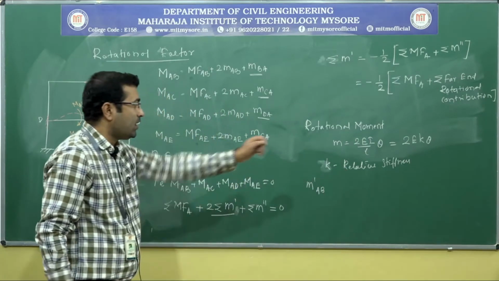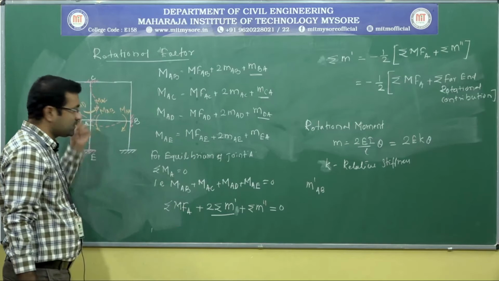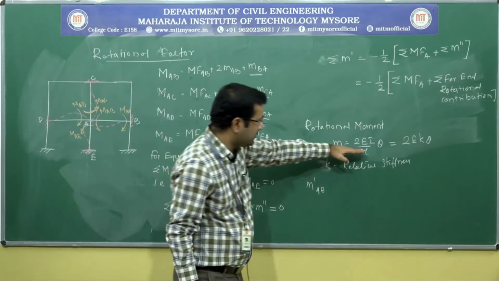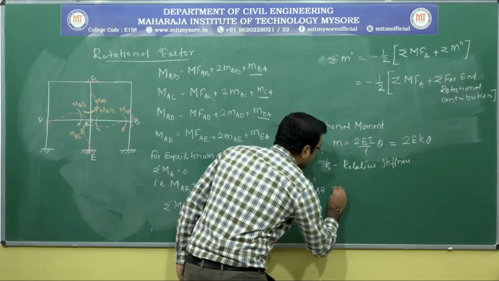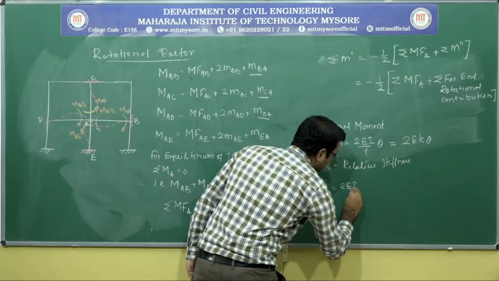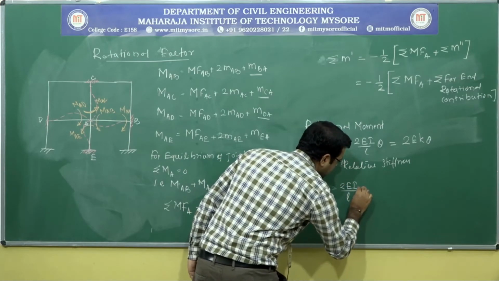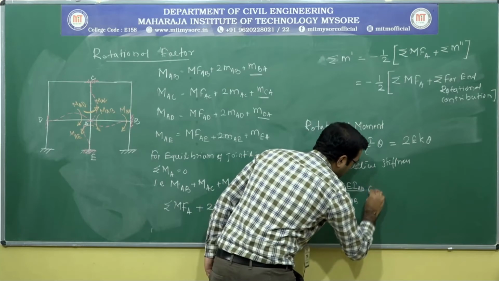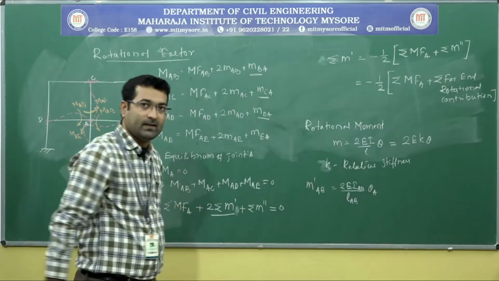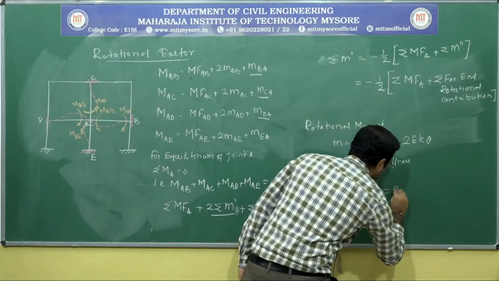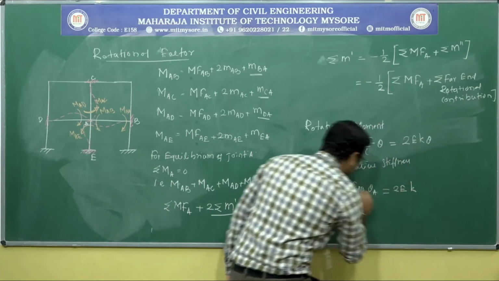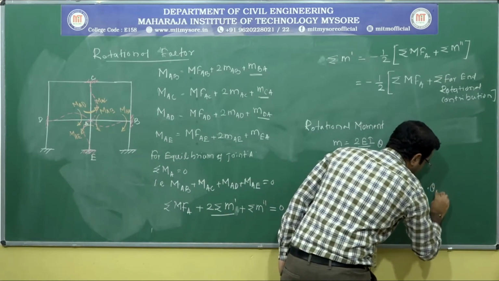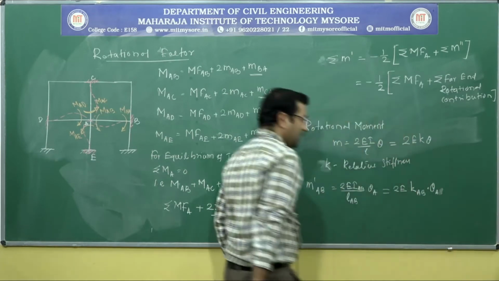I want to determine how much is the rotational moment particularly for this joint. As per our equation, the rotational contribution will be 2EI by L, where I is for the AB span, L is also for the AB span, and theta is at joint A. This I can write further: 2EI by L is nothing but the relative stiffness of the member AB, KAB, into theta A, right.